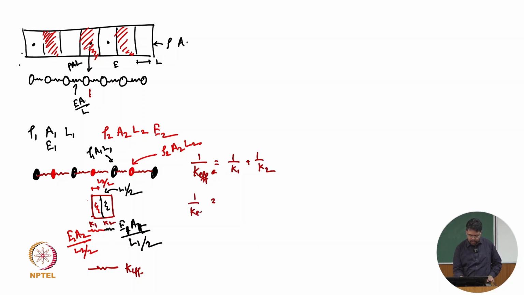So 1 by k effective will be equal to 1 over E1 A1 into L1 by 2, plus L2 by 2 into E2 A2 divided.